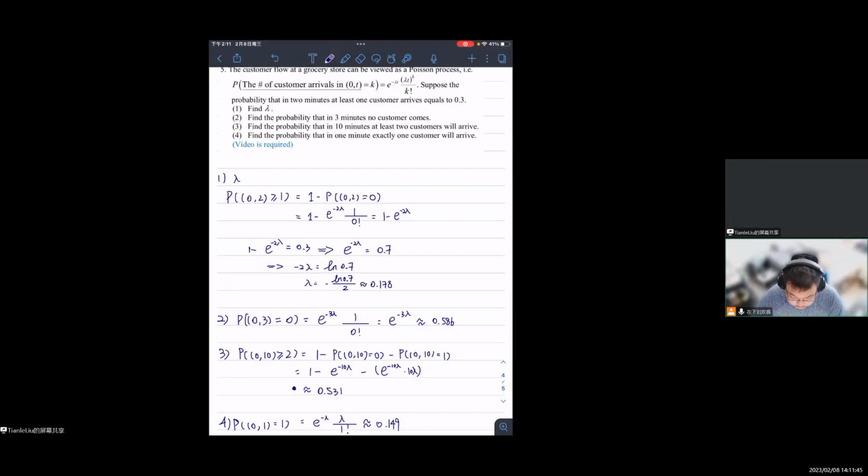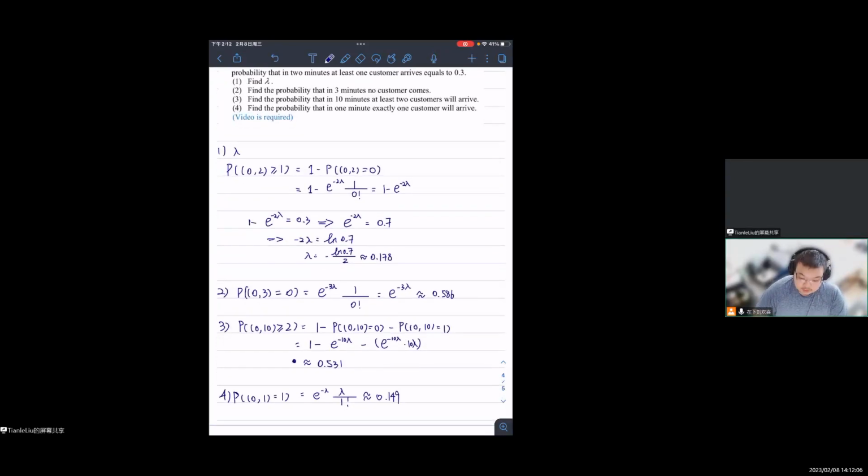Sometimes we cannot calculate the at least directly, but we can use the exceptions: no customer for at least one, and no customer or exactly 1 customer for at least 2, and so on. Those are some tips for this problem. I think that's it for this problem.